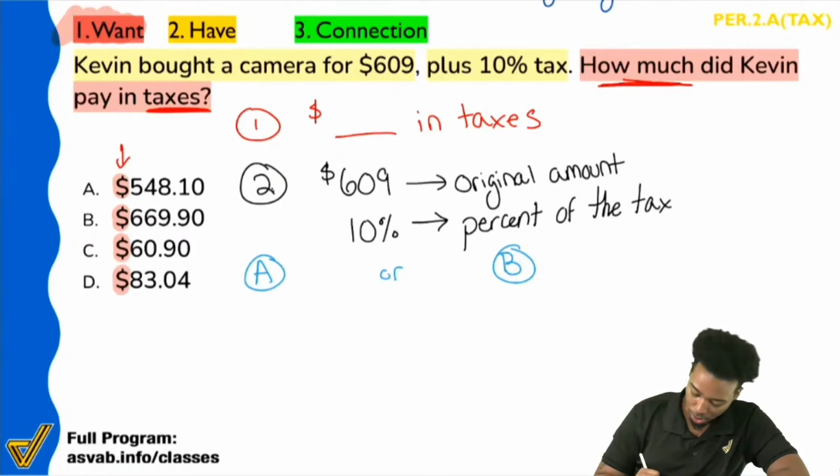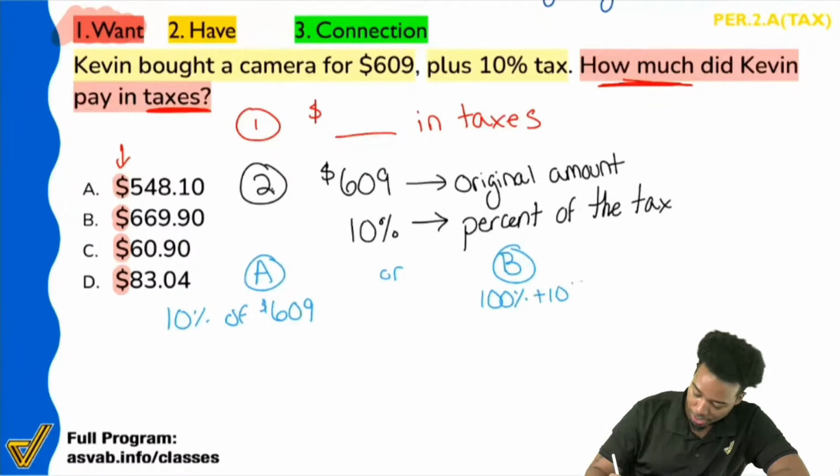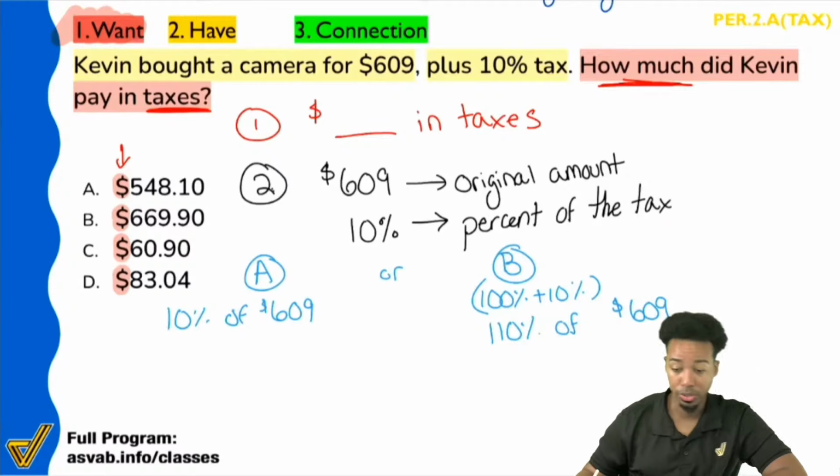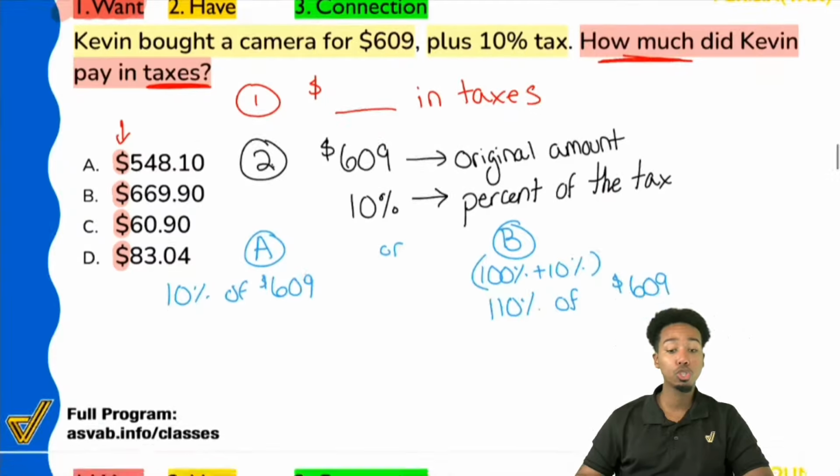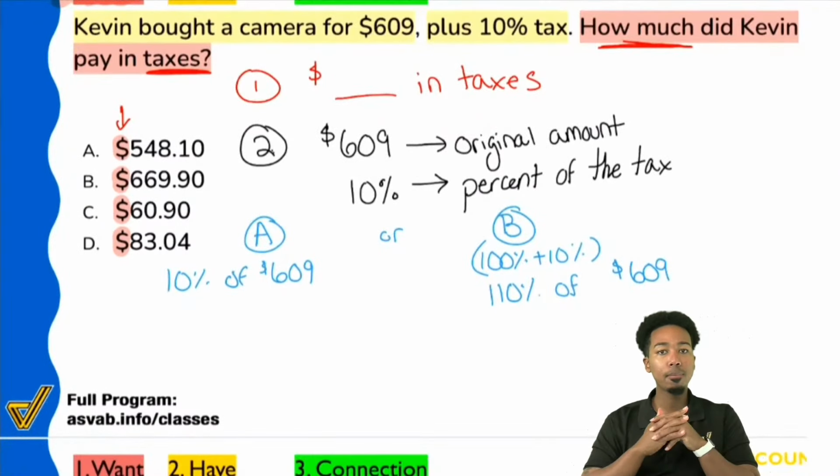Should our setup look like A, taking 10% of $609, or B, doing 100% plus 10%, so 110% of the $609? Setup A or setup B? Which one should be the way we would go to get the final answer, which is going to be the amount of the tax?